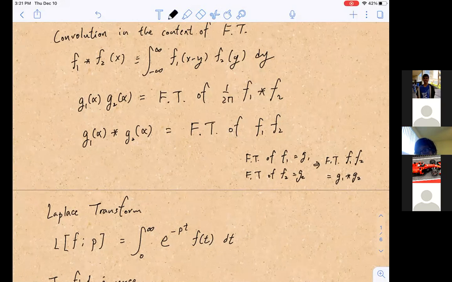So in terms of problem solving, this is the way that it's useful.